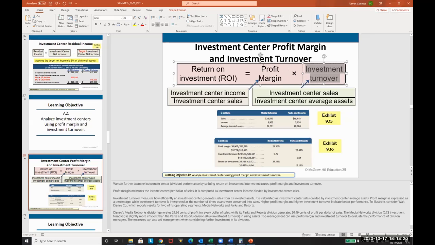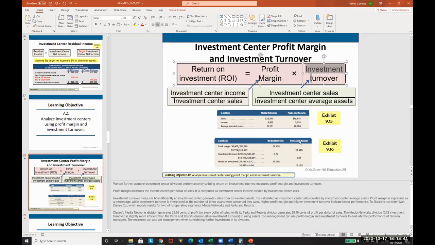Walmart is going to make a lot less profit on those frozen dinners than Ford or Lexus will on its cars. So you can play with these. You can either sell a lot of products at a low profit margin to make a good ROI, or you can sell a very small number of very high-profit products to make a good ROI.